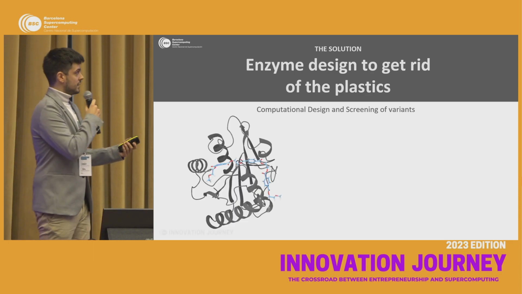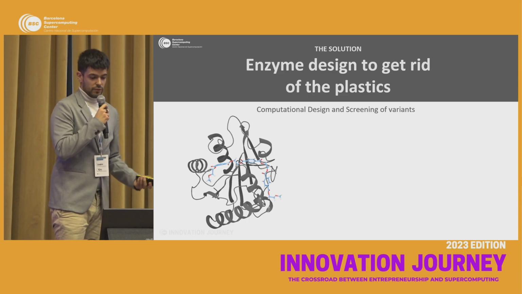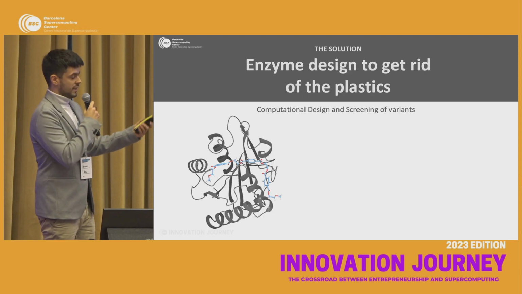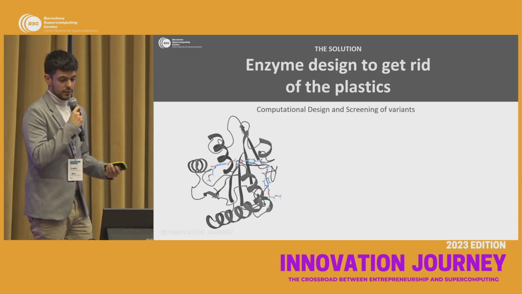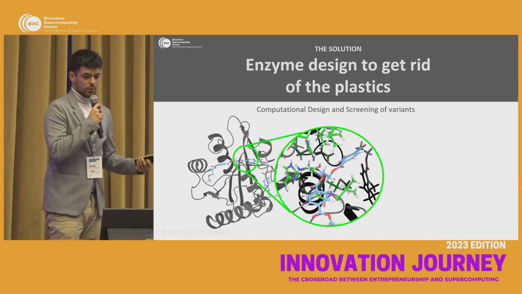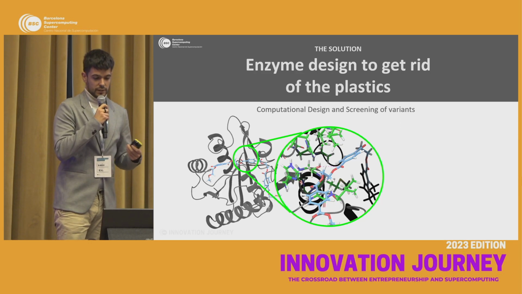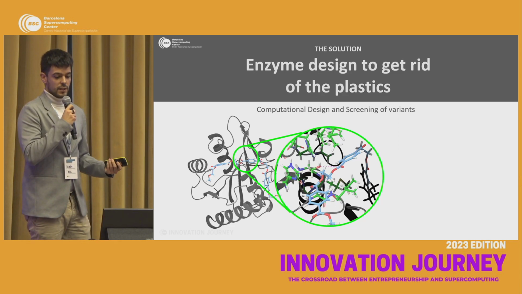An enzyme is basically a very big molecule capable of performing chemical reactions. Here, in this case, we have the enzyme colored in gray, and the blue molecule is PET. If we zoom in, we can see how those atoms interact together, and this interaction is directly related to the capability of the enzyme to break the plastic structure.